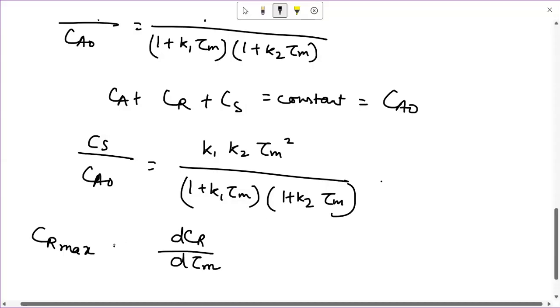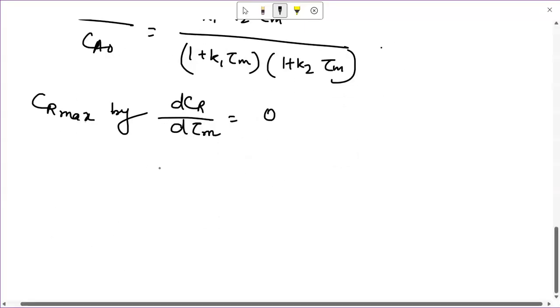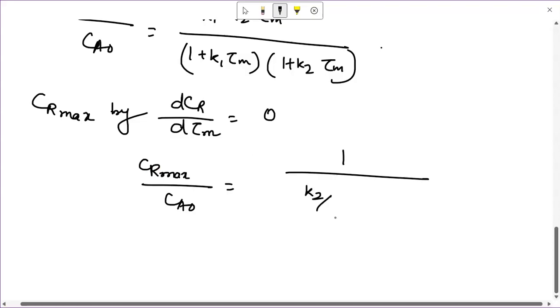So if you set dCr by d tau m equals 0, then you will get the maximum concentration of R. Also, you will obtain the final expression as Cr max by Ca naught equals 1 by K2 by K1 to the power half plus 1, and this is whole squared.